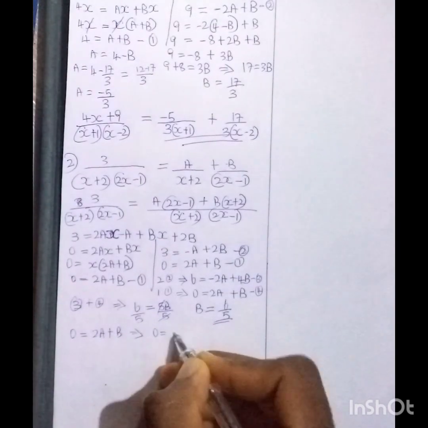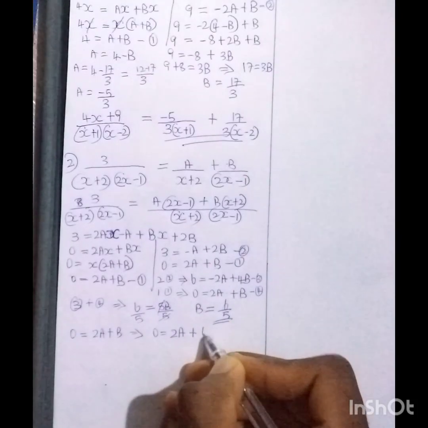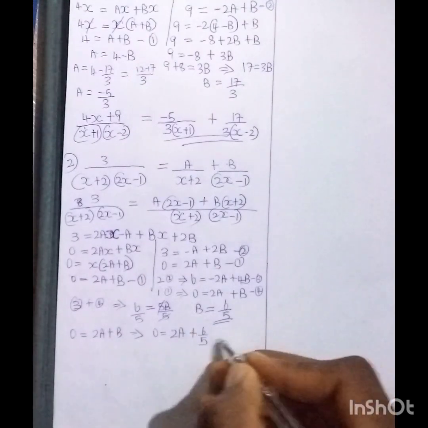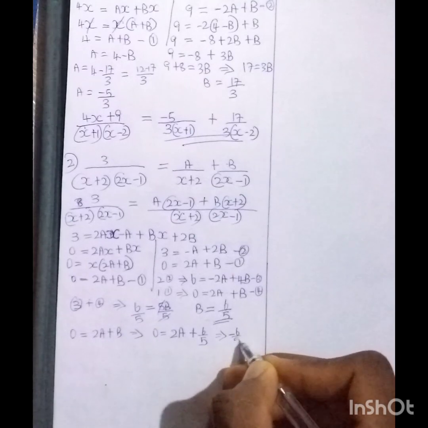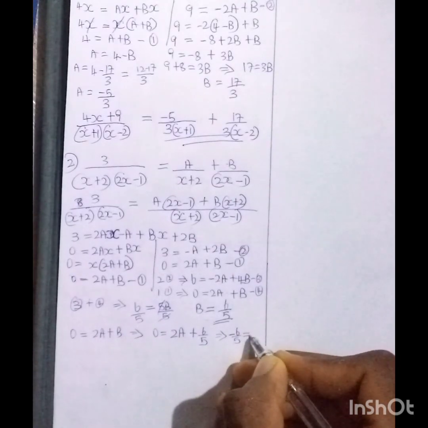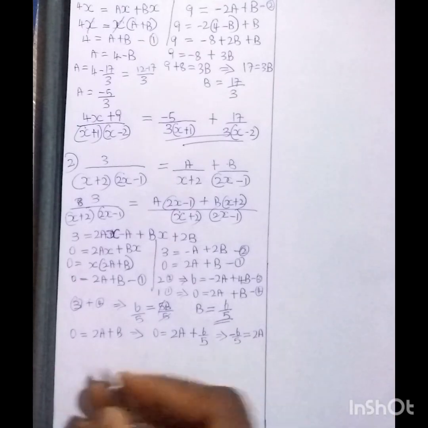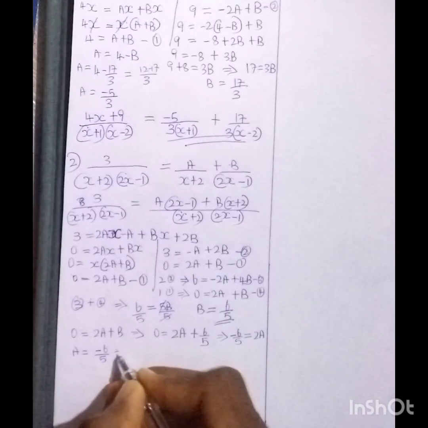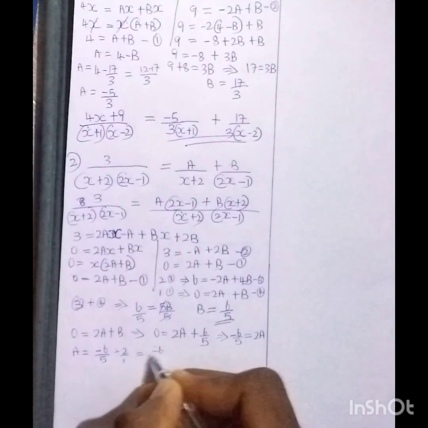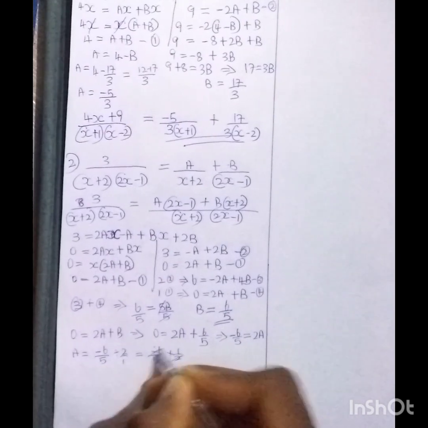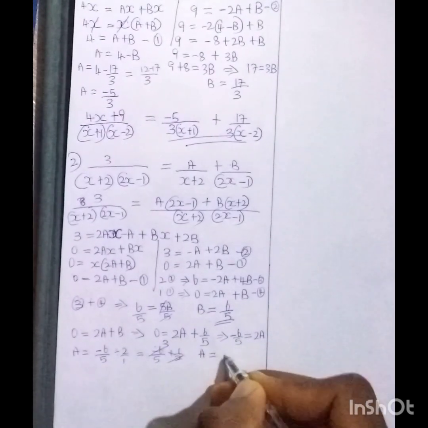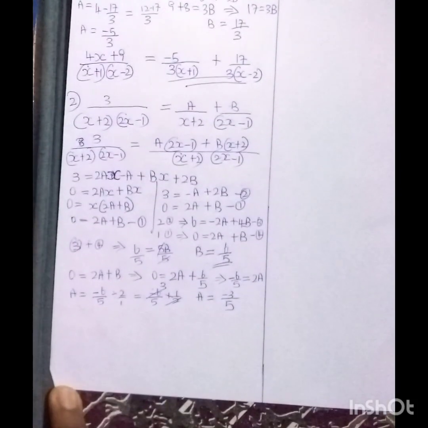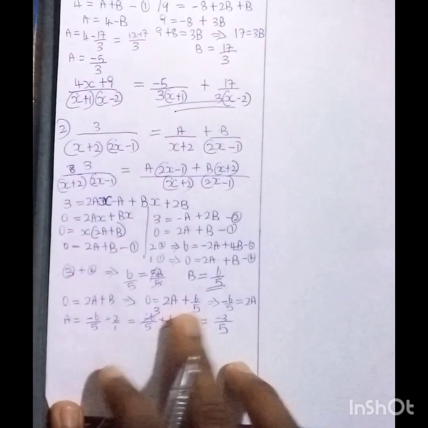It implies that 0 is equal to 2a plus 6 over 5. 6 over 5 comes over, so minus 6 over 5 is equal to 2a. Then a, making a the subject, is equal to minus 6 over 5 divided by 2 over 1, which is minus 6 over 5 times 1 over 2, 3. Then our a is equal to minus 3 over 5.